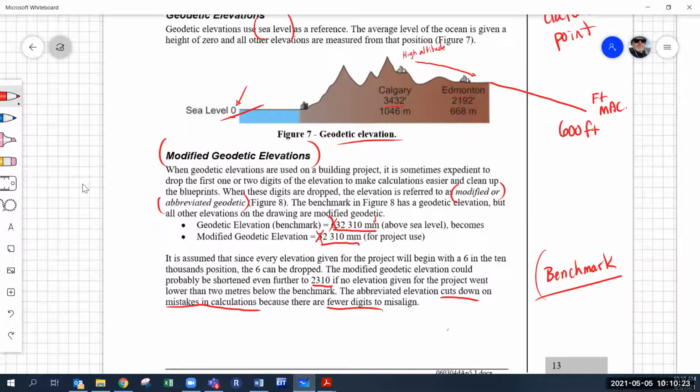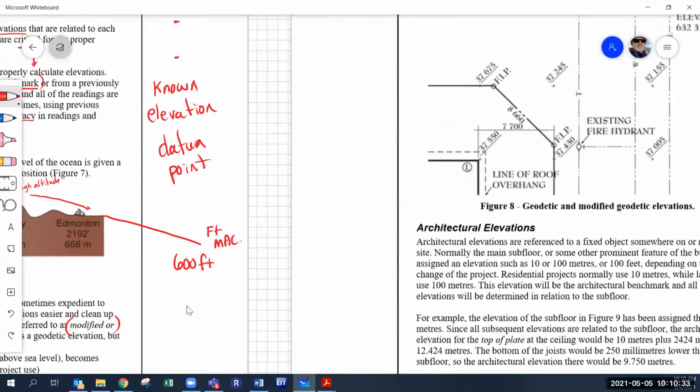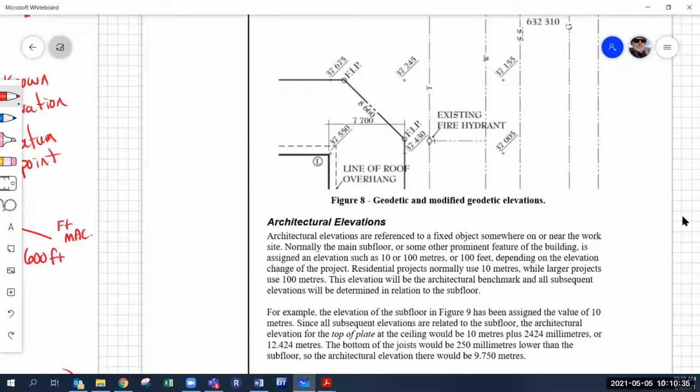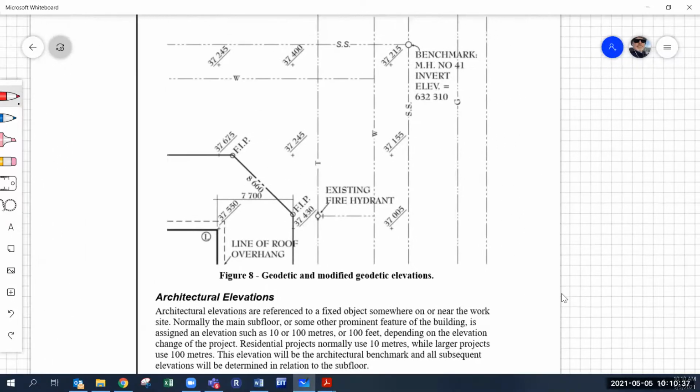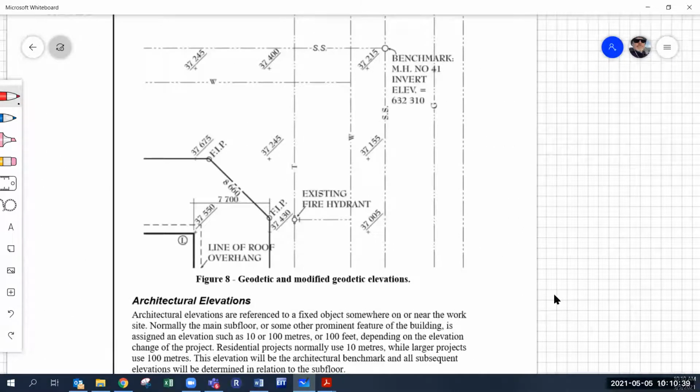And then from there, we can determine a benchmark. Okay. Thank you. Or we can do what's called an architectural elevation. So an architectural elevation is actually a given benchmark or a fixed object, right? And I think that's what you were trying to get at.